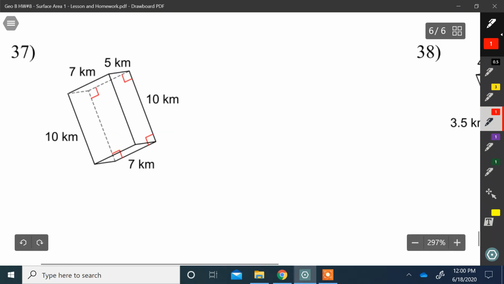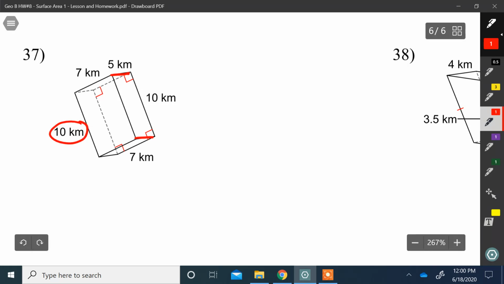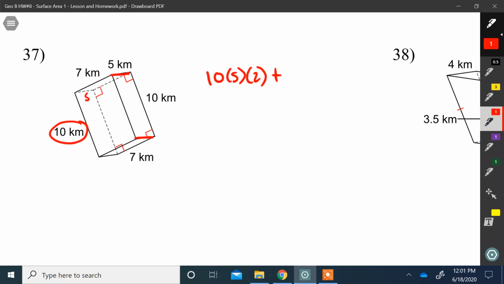Okay, let me do number 37. I see, for example, all of this are 5. So let's start with 10 times 5 there. Times 2 because I have 2 of those. And then let's do top and bottom.